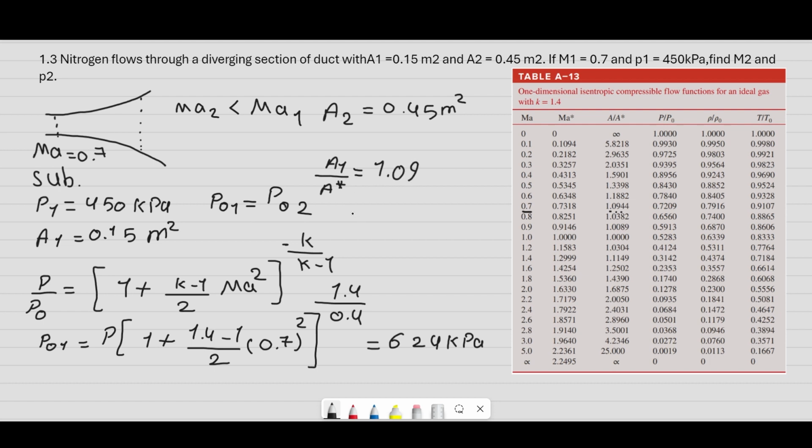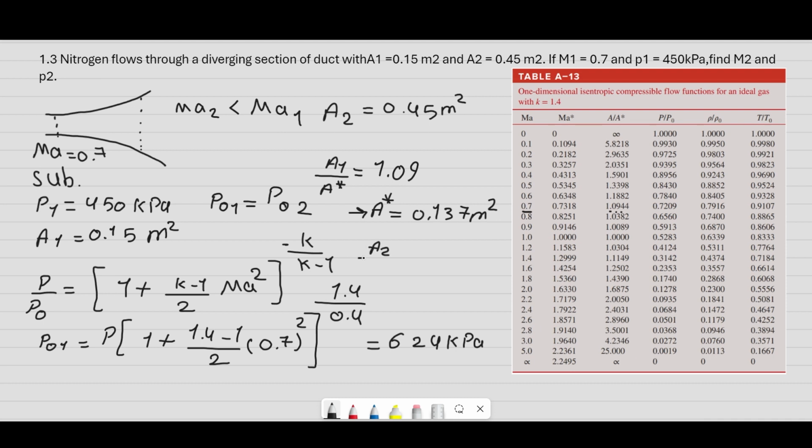So from here, we see that A star is equal to 0.137 square meter.